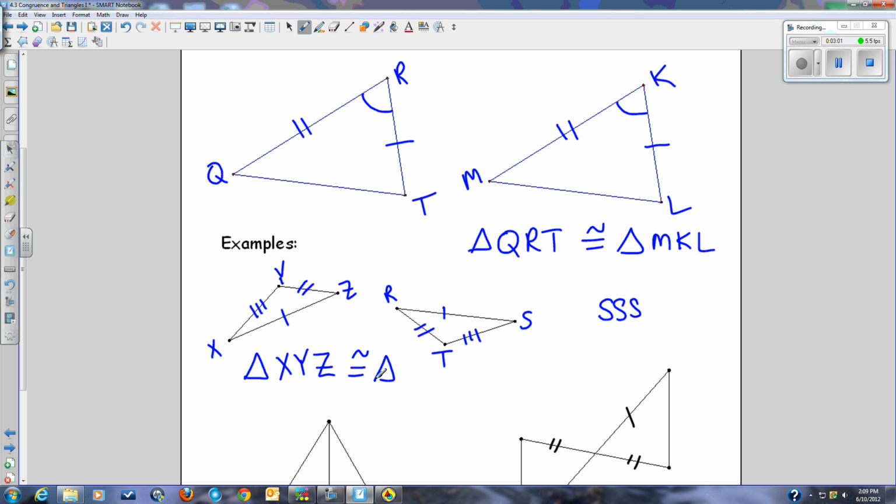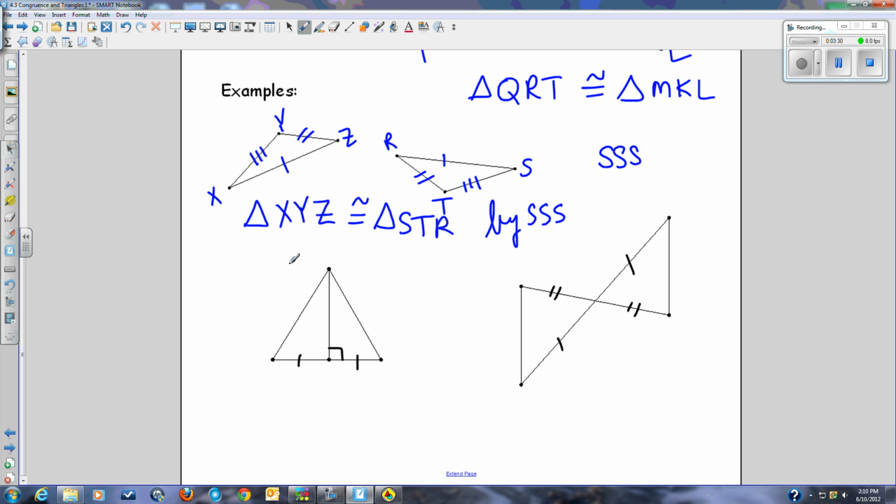So it looks like we're going to say triangle STR. And let's just double check and make sure that works. So XY corresponds to ST, YZ corresponds to TR, and then lastly XZ corresponds to SR. So those are congruent by the side-side-side postulate.